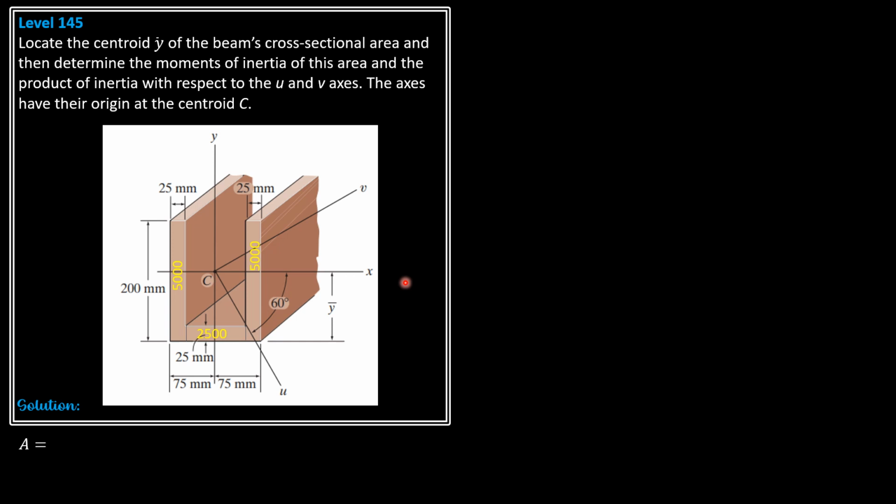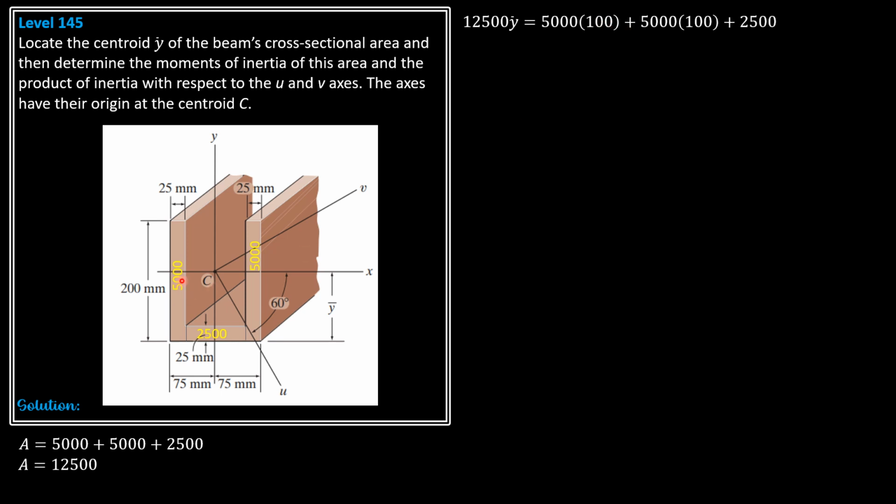Therefore, the total area is 5000 plus 5000 plus 2500, which equals 12,500 mm squared. By Varignon's theorem, 12,500 times ȳ equals 5000 times 100 plus 5000 times 100 plus 2500 times half of 25, which is 12.5. So ȳ can now be computed. It is equal to 82.5 mm.